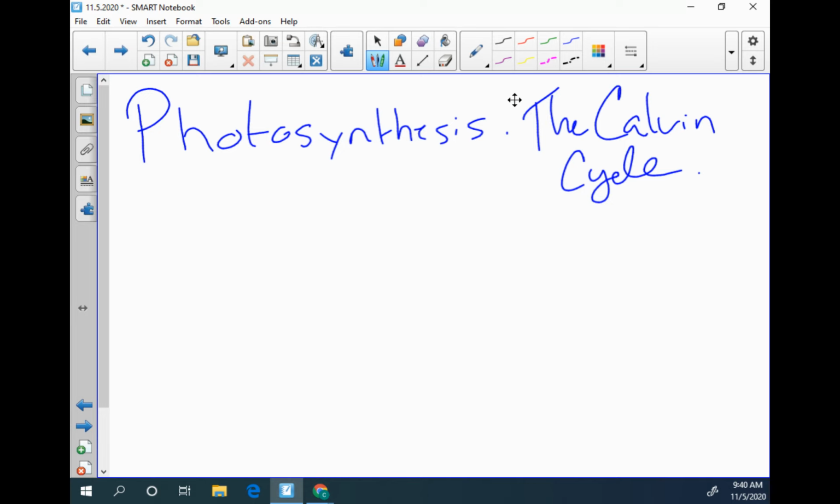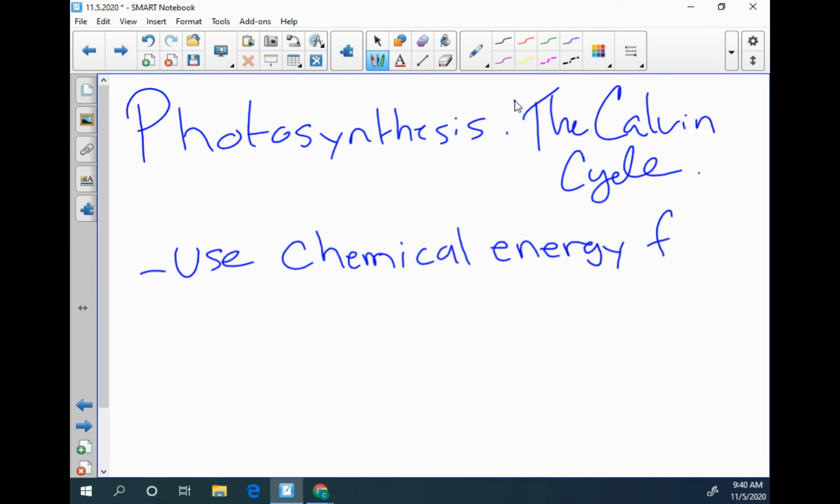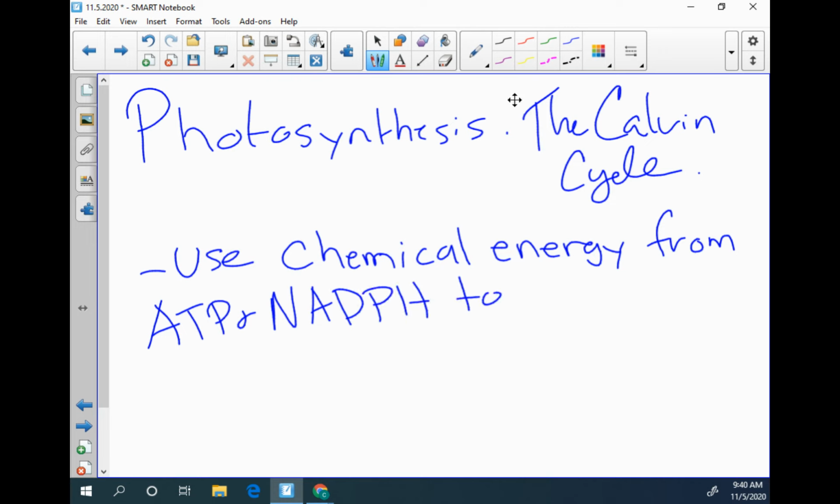The Calvin cycle uses chemical energy from ATP and NADPH to reduce carbon dioxide to sugar.